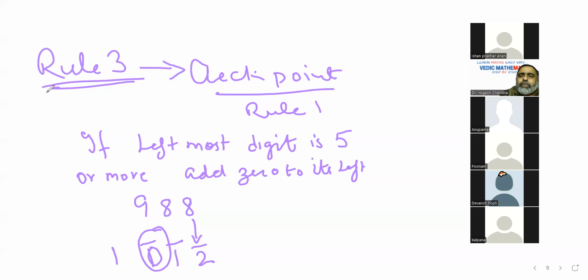We'll apply rule number 3, that says, now this is your question. Now we find that 9 is greater than 5. If I write it this way, 9, 8, 8, will it make any difference? No, sir. But it will make every difference.